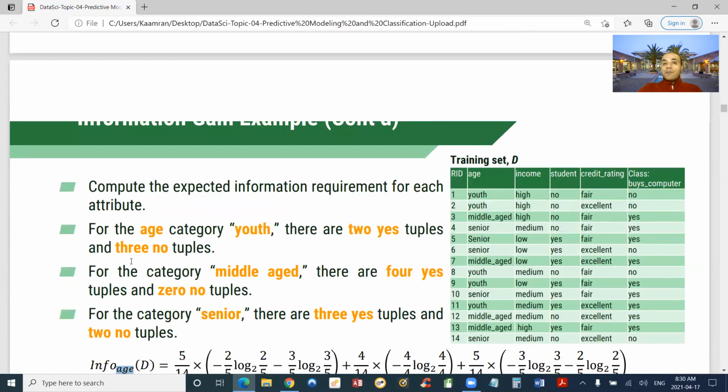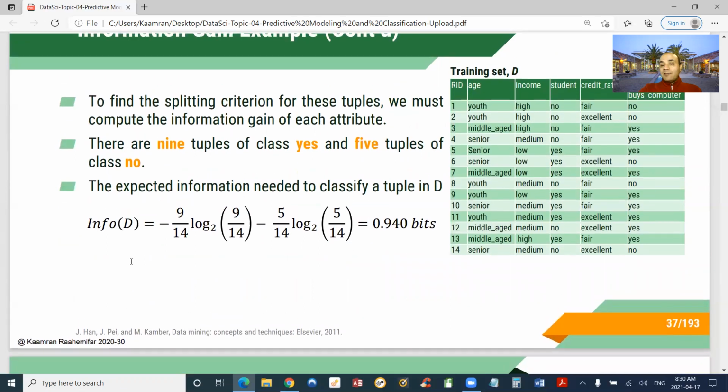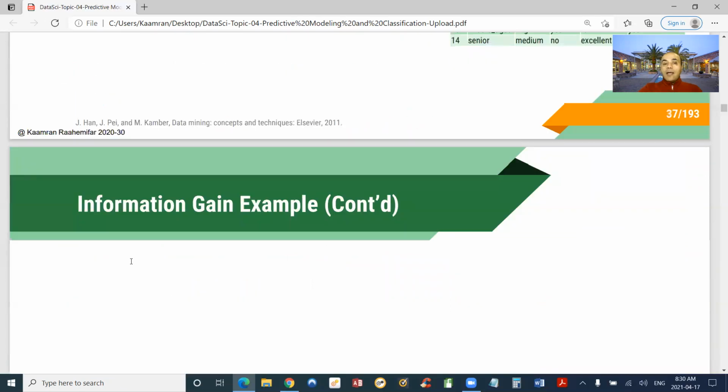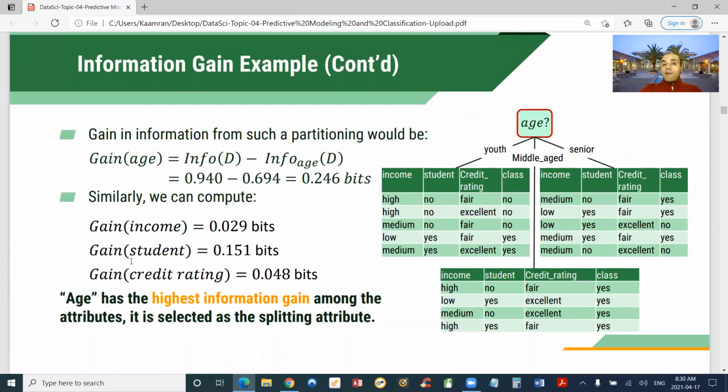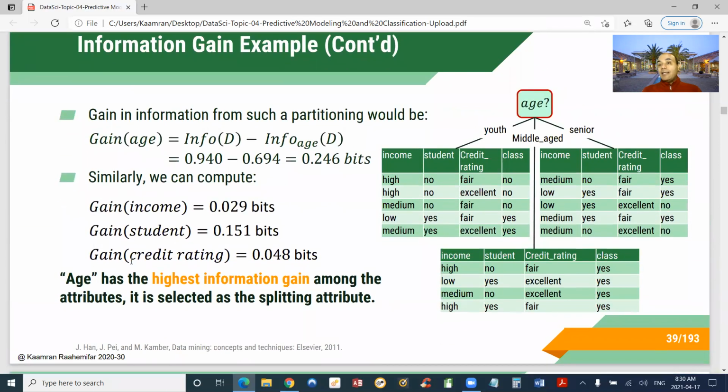Now, if you remember, for the whole of the classes, we got 0.94, and for the age, we got 0.694. When you subtract, you're going to get the gain. The gain is 0.246. So you're going to scratch your head and you say, should I have the first splitting node on age? That's what you did, 0.246, that's the amount of information you're going to gain.